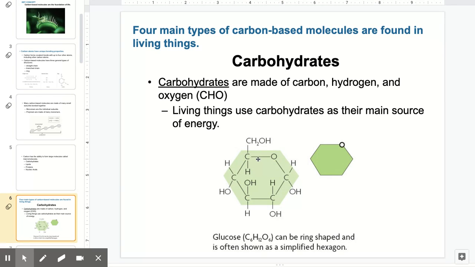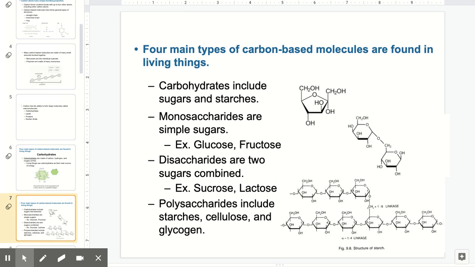Note right off the bat, we see carbons, oxygen, hydrogen, and the structure is a ring. So that is a ring-shaped structure. All carbohydrates form rings. That's how you will know a particular molecule is a carbohydrate looking at its chemical structure.